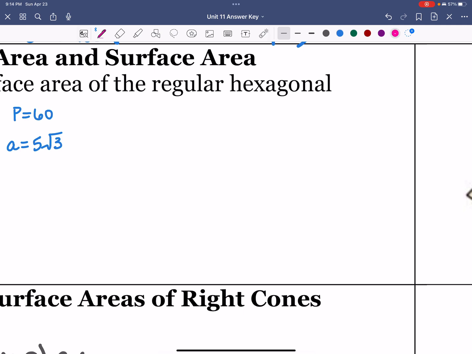So I have the surface area equal to the area of the base plus that lateral area. Now my base formula, since I have a regular polygon, I have to use 1/2 apothem times perimeter. Notice how I do have that 1/2 in there because I only have one base. The only time I don't need that 1/2 is when I have two bases.